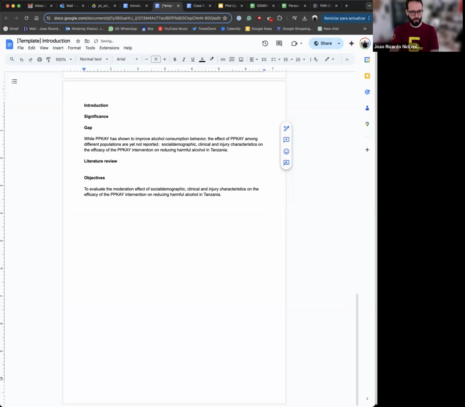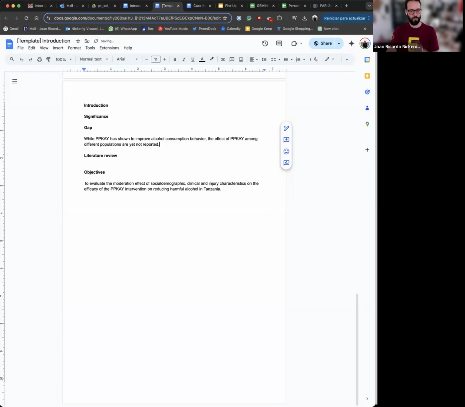I'm just going to write it this way, and then we can improve it. But here I'm basically saying I want to evaluate the moderation effect of some characteristics. At some point, I might want to further specify what I mean by different populations.